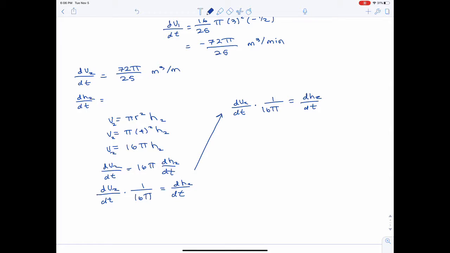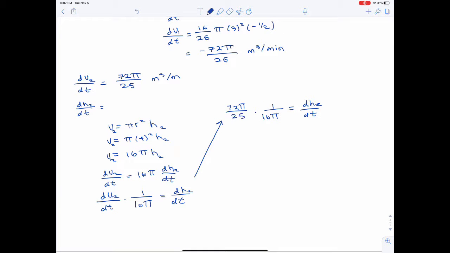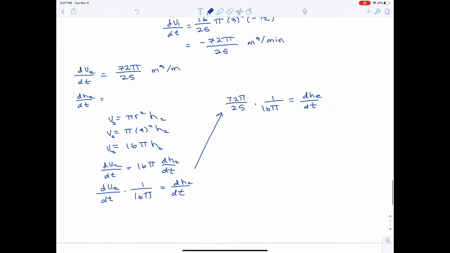So I'm going to take this thing right here, and I'm going to replace it with the number that I have, 72 pi over 25. Okay? And from here on out, I'm just going to simplify. So I end up getting 9 over 50 is the rate of change in the height, in meters per minute, which is the rate of change of that second height, what we are looking for.